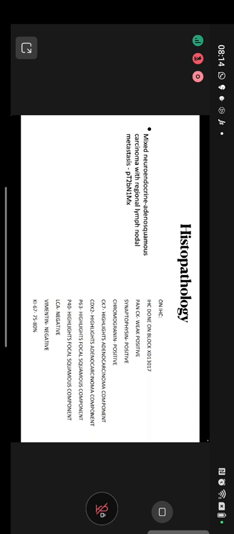You really don't need that, even if it is well differentiated. Follow with PET-CT after. So you just follow the patient. No need of any adjuvant therapy.